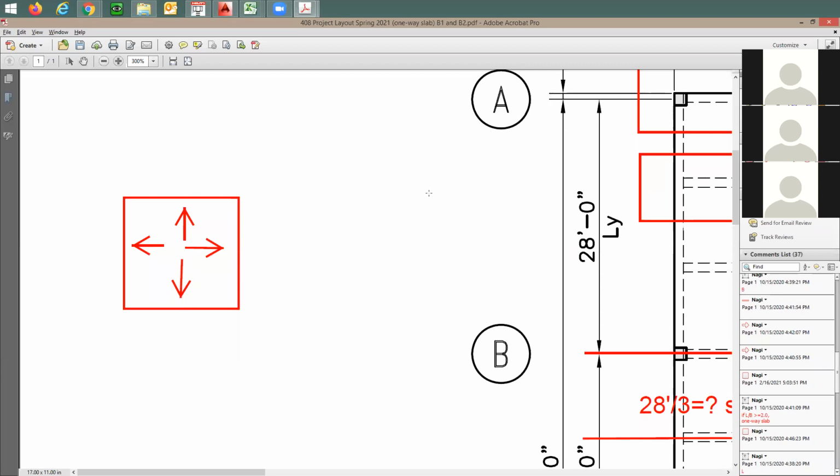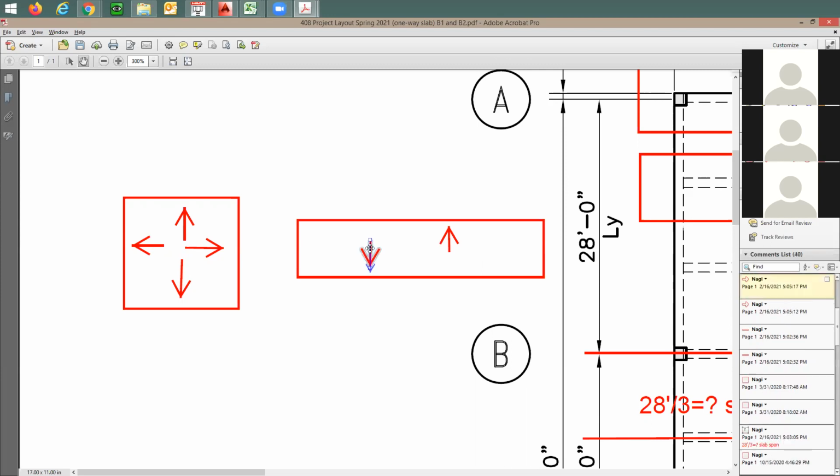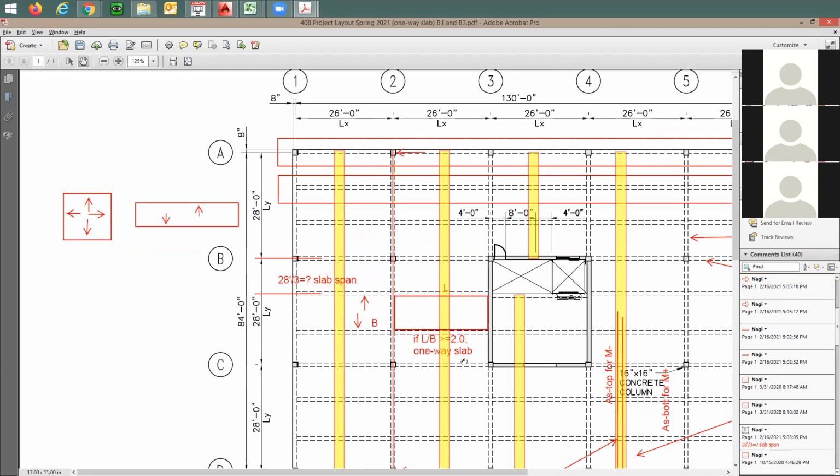This is like a square, so the aspect ratio is going to be less than 2. But if you have something like this, what's going to happen? Half the load is going to be traveling this way, and half the load is going to be traveling this way, and that's it. Nothing is going to be going in the long direction. If the aspect ratio, which means length to width, is more than 2, it's going to perform as a one-way slab, like in our case here.